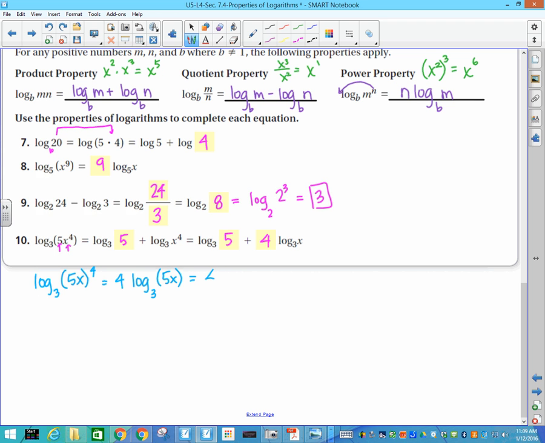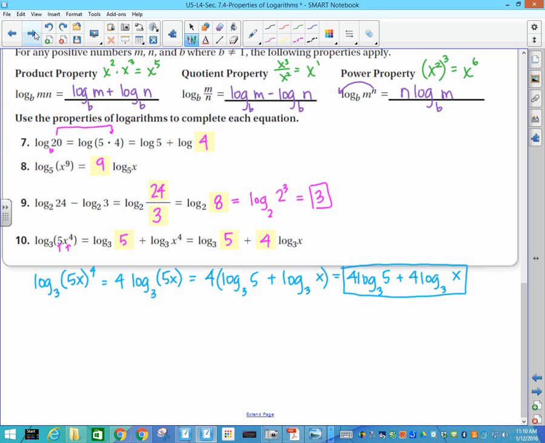And then that would become 4 times the log base 3 of 5 plus log base 3 of x. And you would want to get rid of parentheses, so it would be 4 log base 3 of 5 plus 4 log base 3 of x. And that would be the final answer of using your properties.